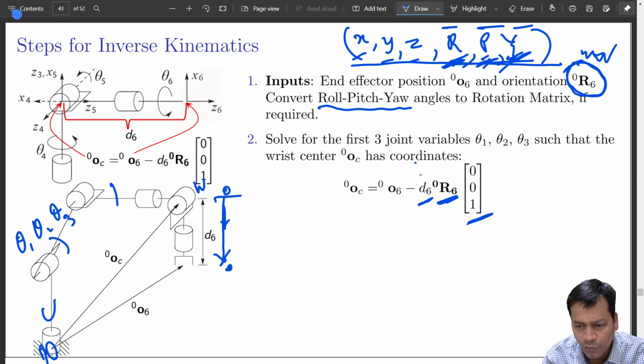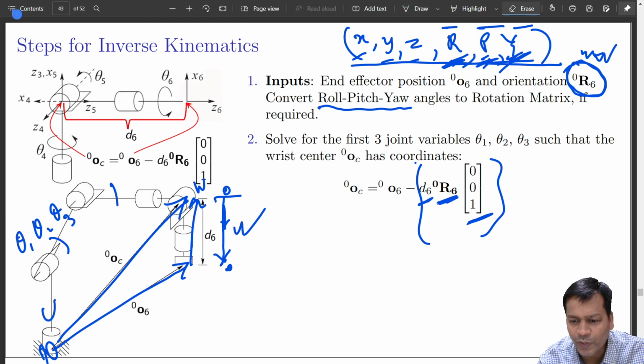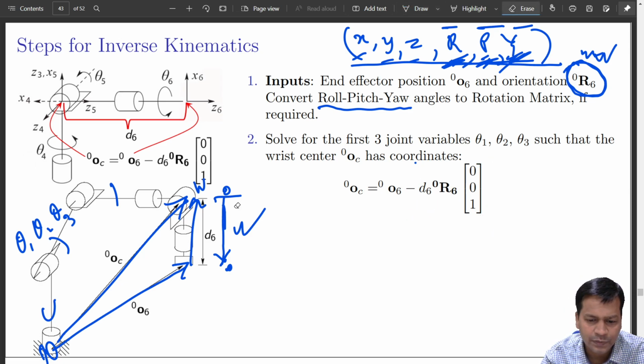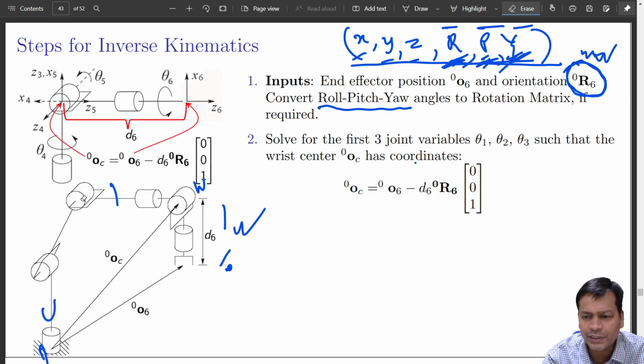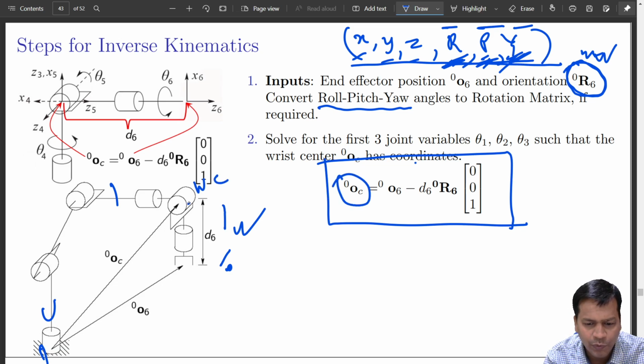Now this plus this should give me this. That is quite clear. So using that vector equation, I have obtained this. This small equation tells you a lot. It quickly gives me the wrist center point, this point. Okay, the wrist center point is obtained.